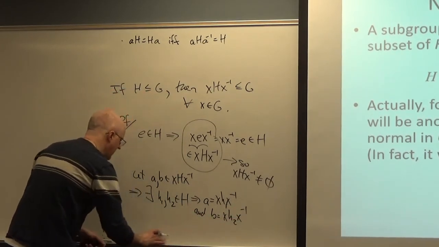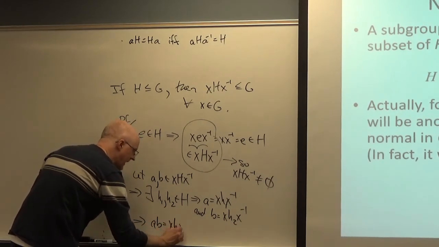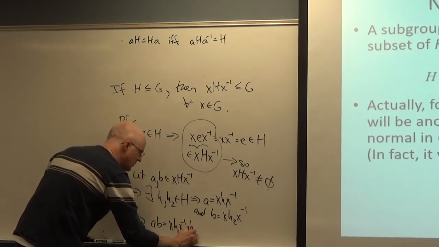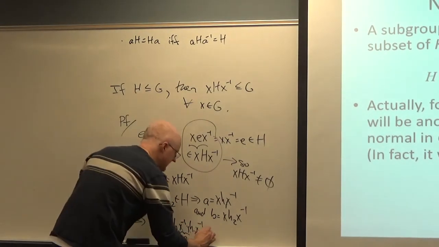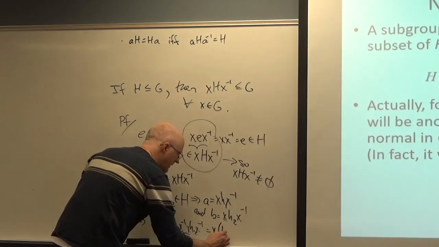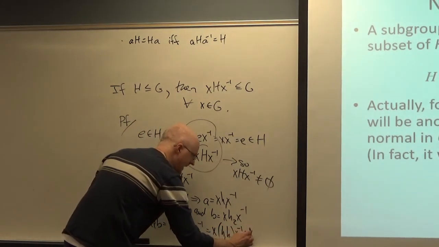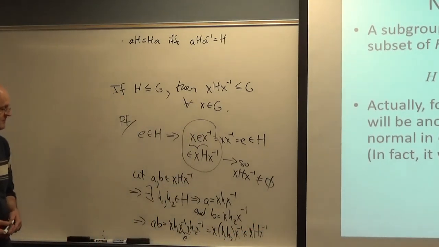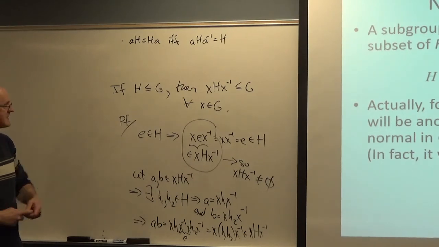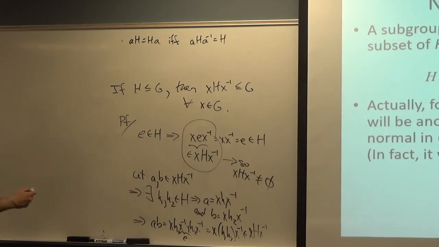And that will imply that a times b is xh1x inverse xh2x inverse. These things cancel to give you the identity. This gives you xh1h2x inverse, and that is definitely in xHx inverse, since H is a subgroup of G. So this set is closed under multiplication.